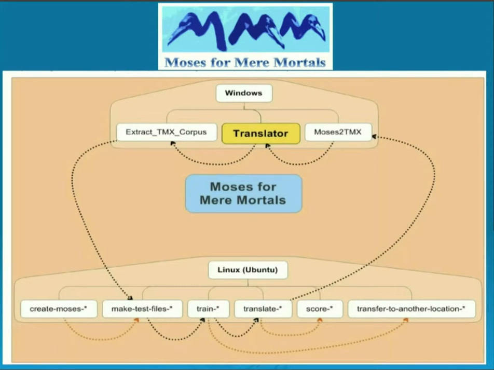These are the scripts that are included in the Moses for Mere Mortals package, and they allow you to install Moses with just a click, to make test files from a corpus, and also make tuning files if you don't have separate files for that purpose, to train the language pairs of your choice, to translate your documents, and if you want, to do automatic scoring to have an idea of the level of performance of Moses.